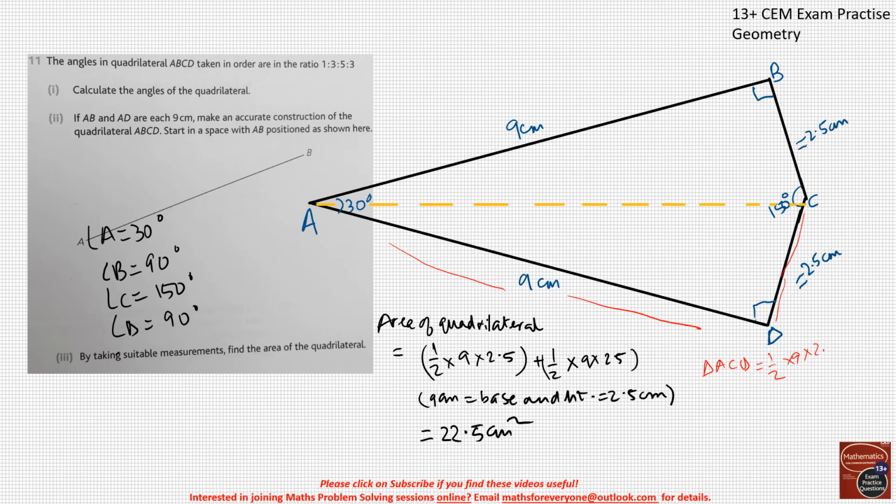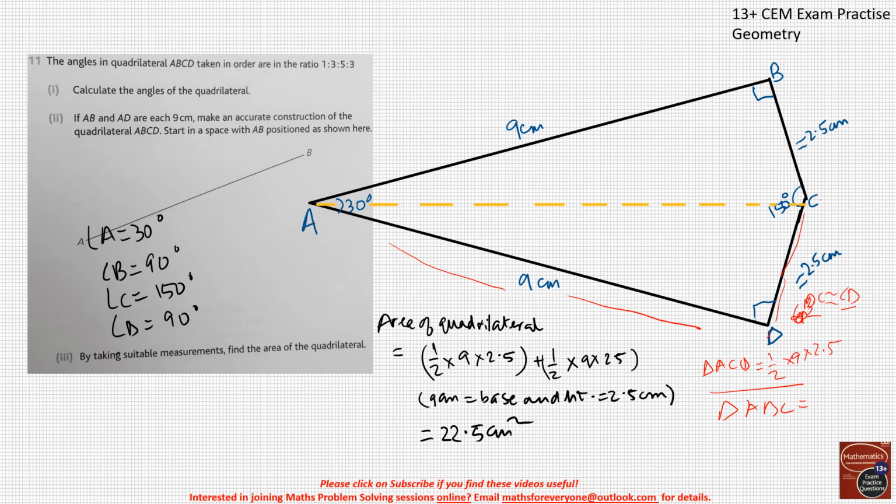So that's 2.5. And the same for triangle ABC, because I measured DC and CB, or BC. I measured BC and CD, and BC is about equal to CD.